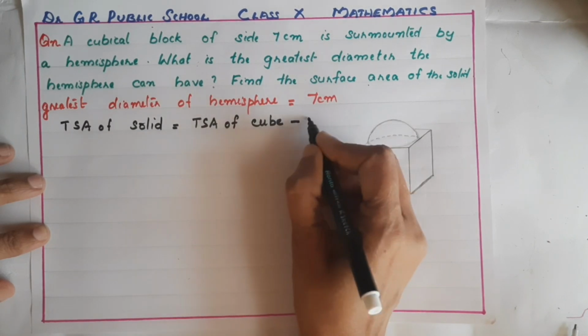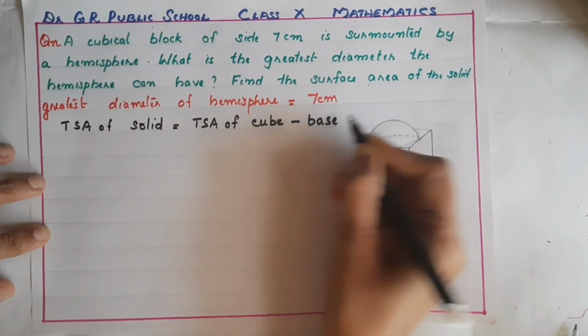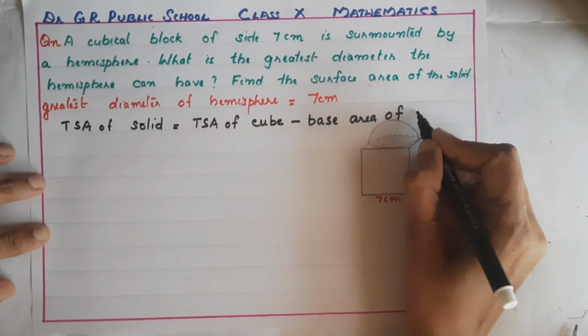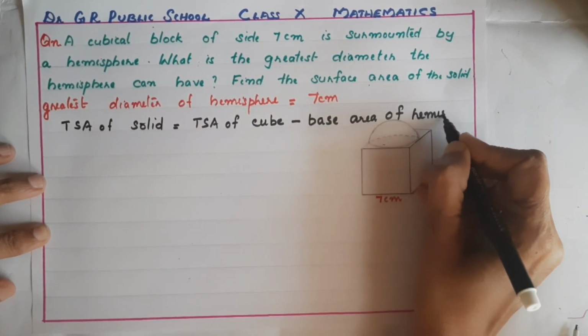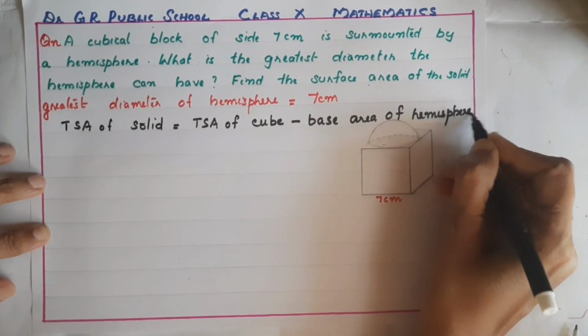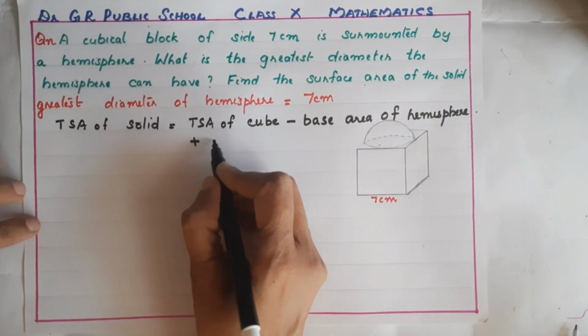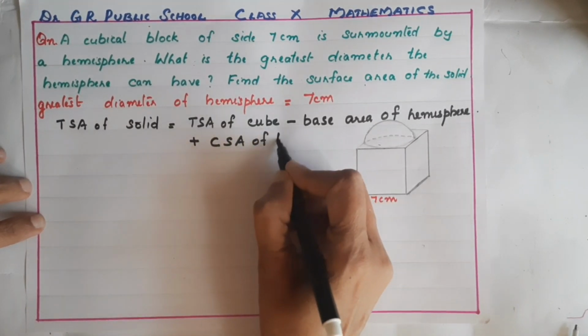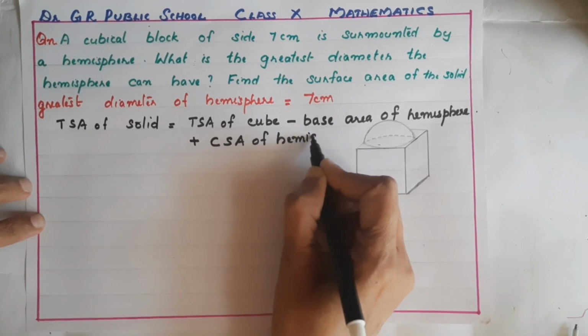So minus base area of hemisphere, then plus CSA of hemisphere, which we can also see.